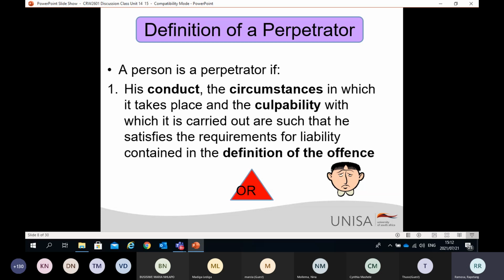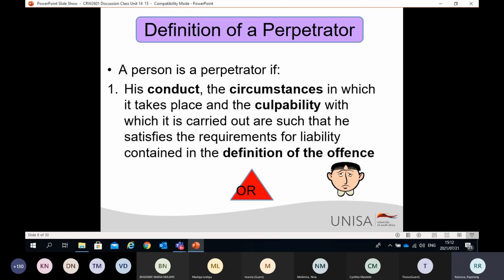So this is X who would unlawfully and intentionally cause the death of another human being, and by virtue of fulfilling that definition in its entirety is a perpetrator liable for murder. So for the purpose of this distinction, I will call this type of perpetrator a perpetrator according to ordinary principles of liability.